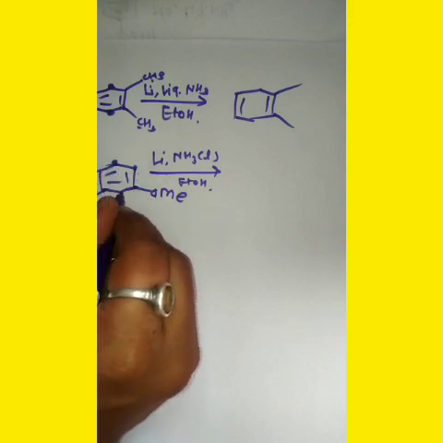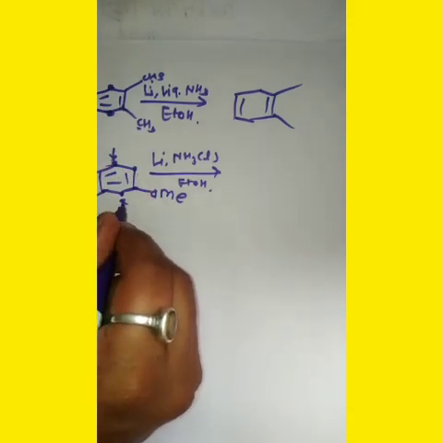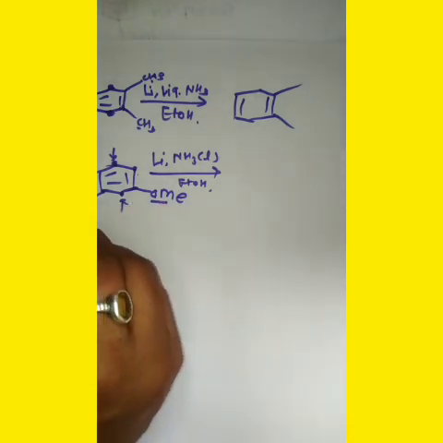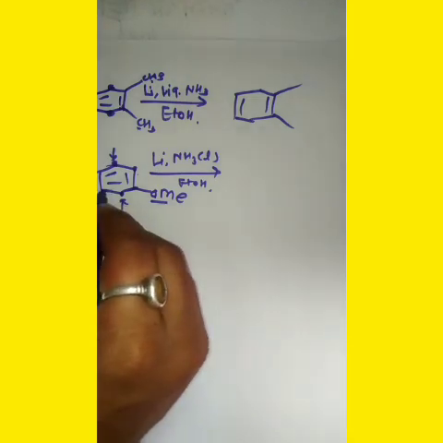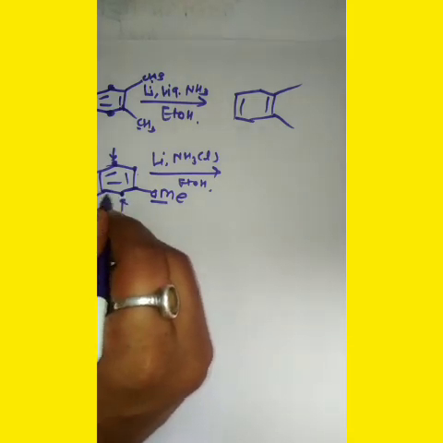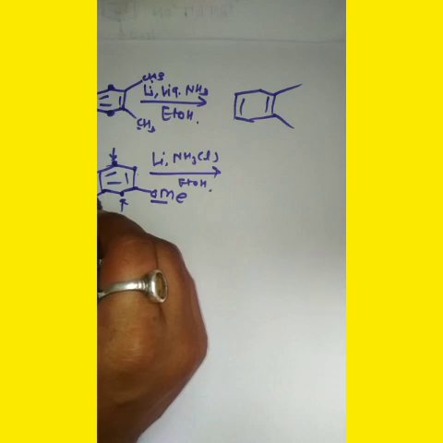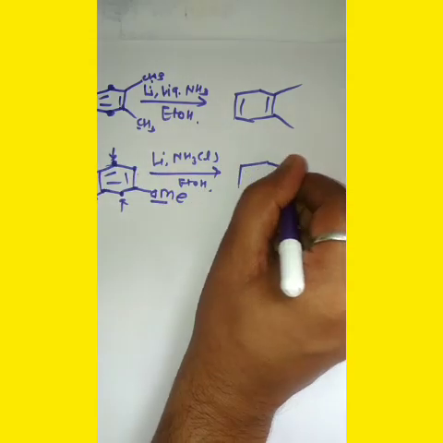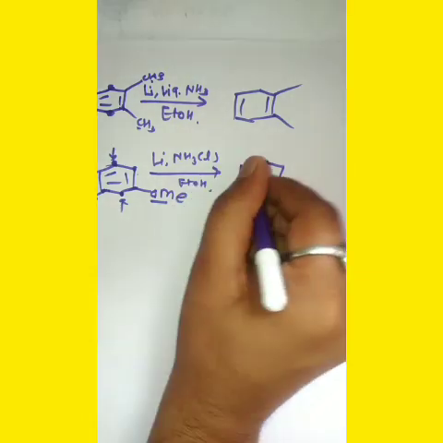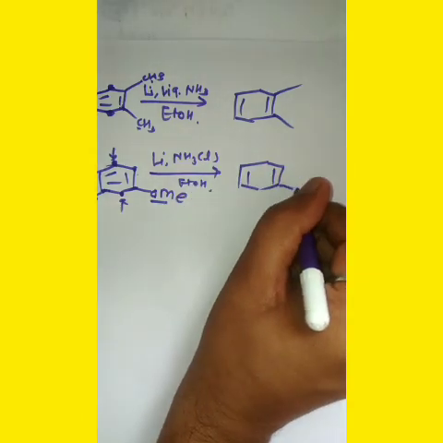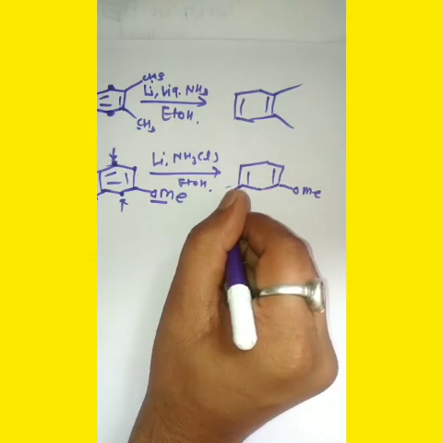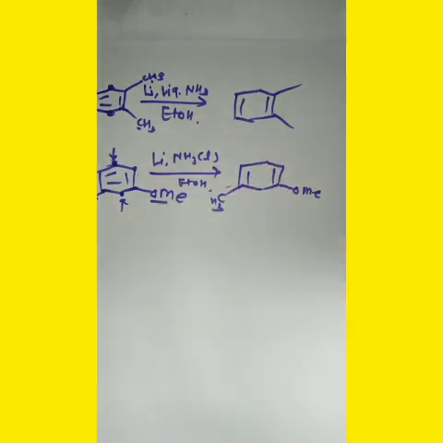So reduction happens at these positions. Also consider the methyl group: this is the ortho position and meta position for the methyl group. So reduction happens like this. It reduces the ortho and meta positions with respect to both the groups.